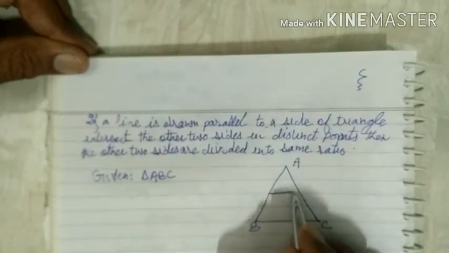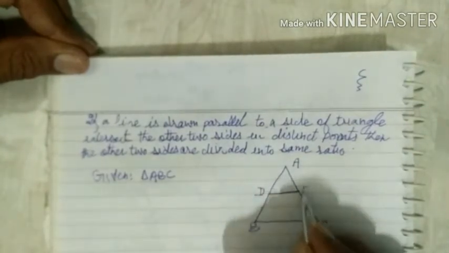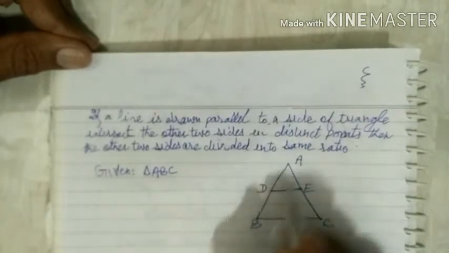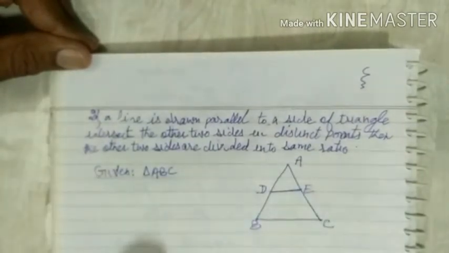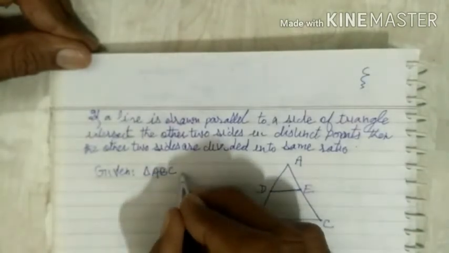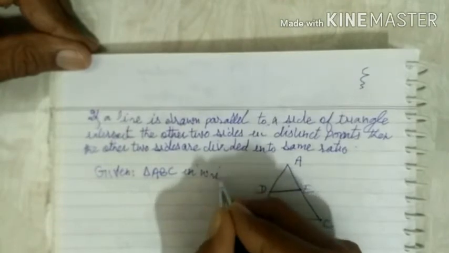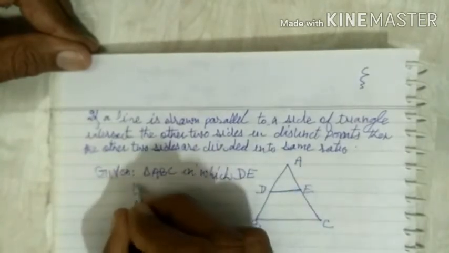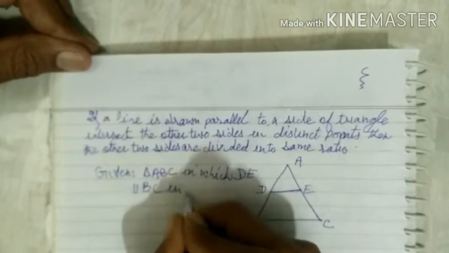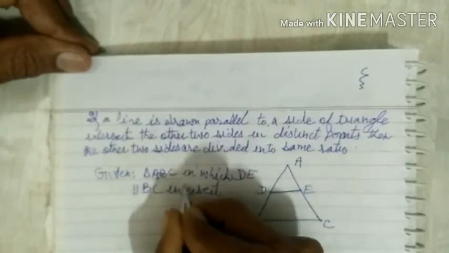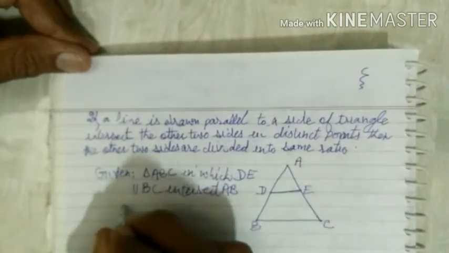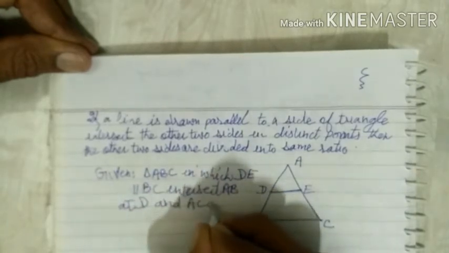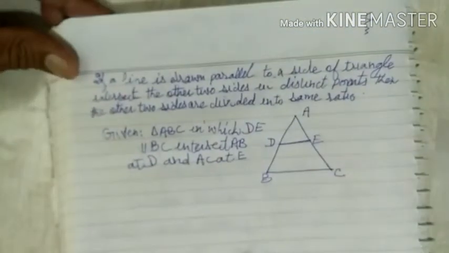So here DE parallel to BC, intersect AB at D and AC at E. Therefore, given is triangle ABC, in which DE is parallel to BC, intersect AB at D and AC at E.